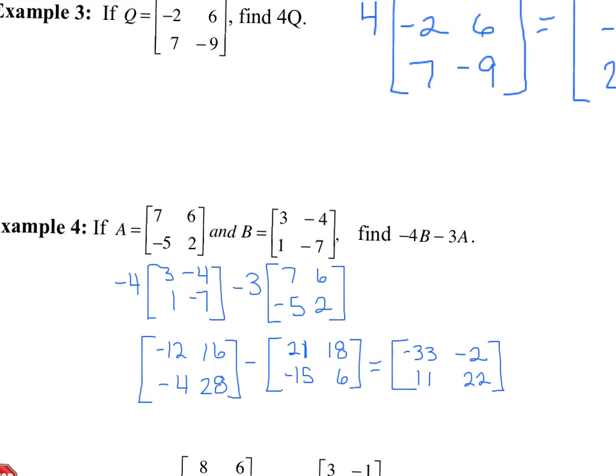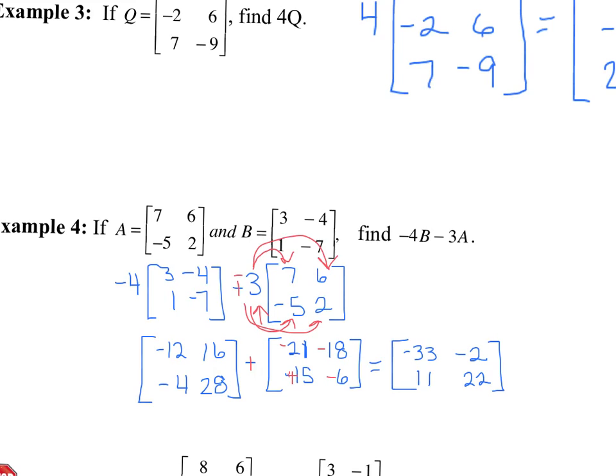So again, with this problem, like I said on the front page, whenever I see this minus, whether there's a scalar here or there's not a scalar there, if I see a minus sign, I add the opposite. So when I multiply throughout, I'm going to multiply a negative 3 to every entry of the second matrix. So then that would change the minus to a plus because I'm adding the opposite, and then it's going to change every sign in this second matrix.